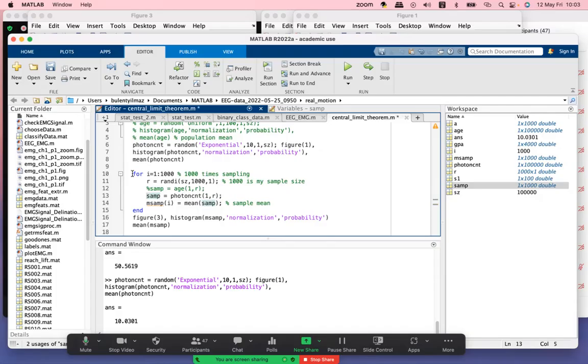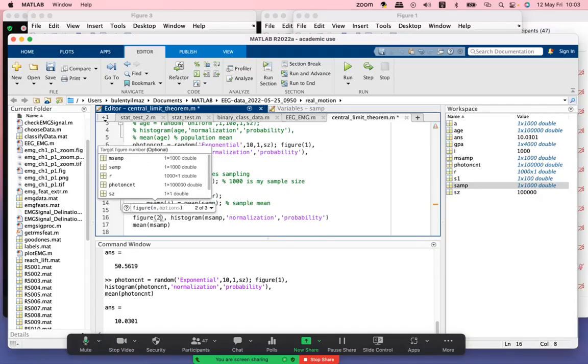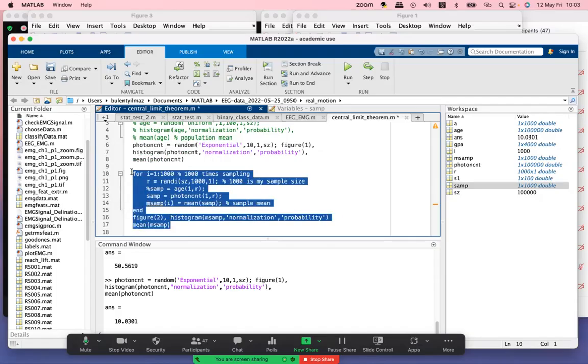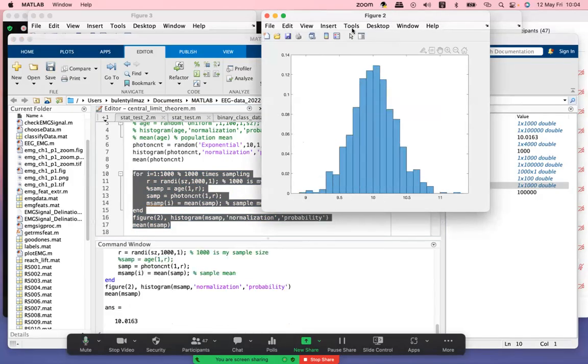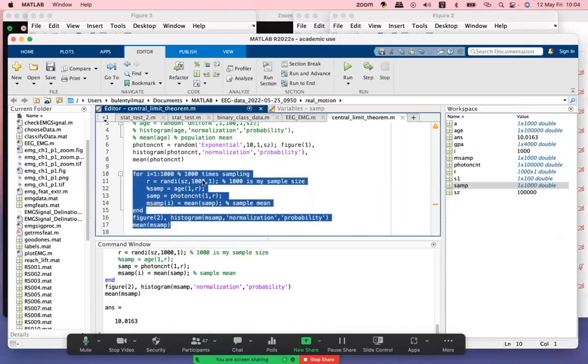Let's see how my thing works. You see, I have 1,000 samples, photon count, let's say, or the amount of time that I'm waiting for something. It will be small, and as I go further, it will be larger.